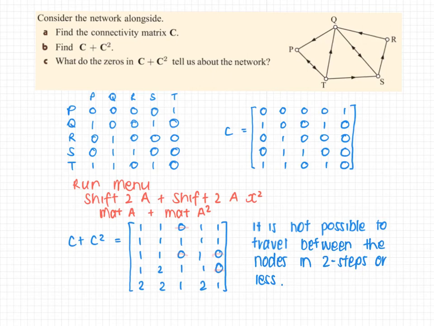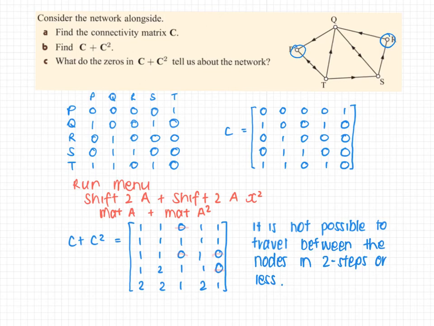So in our case, it's not possible to travel from P to R. So if we look at where P is and then to R in 2 steps or less, so by going over just 2 edges, we can get from P to R in 3 edges, but not in 2 edges.